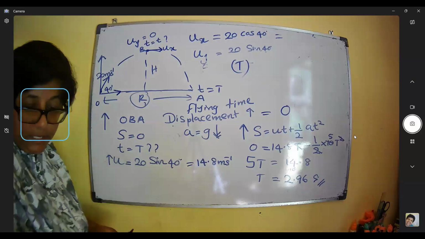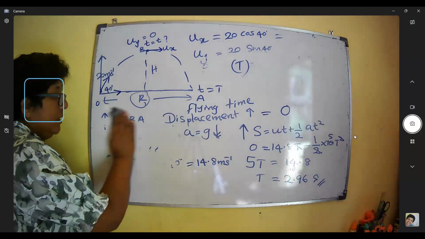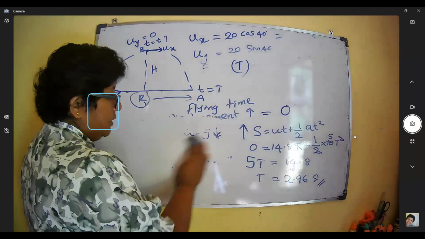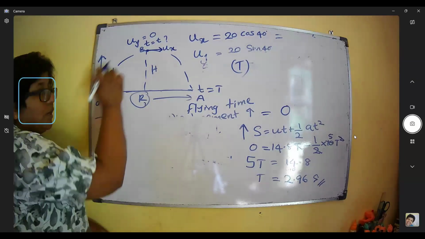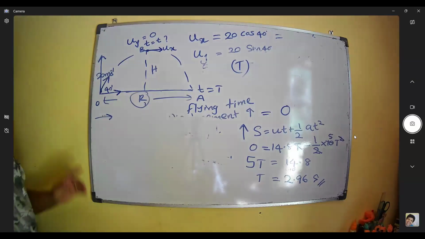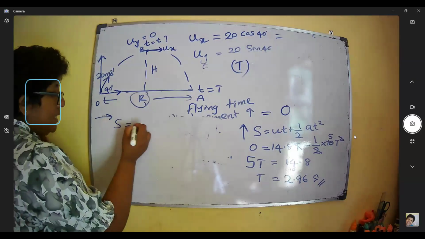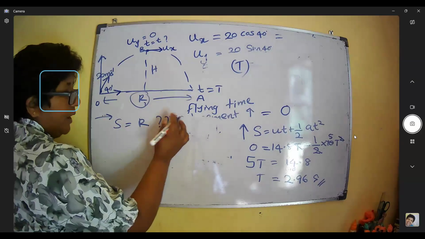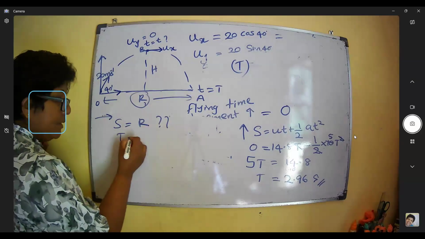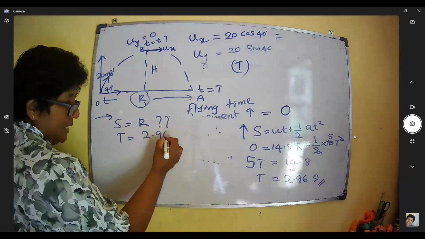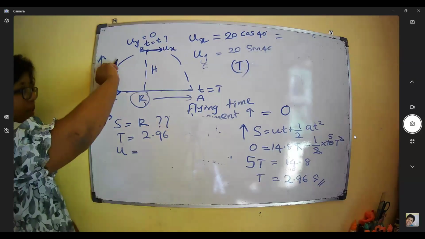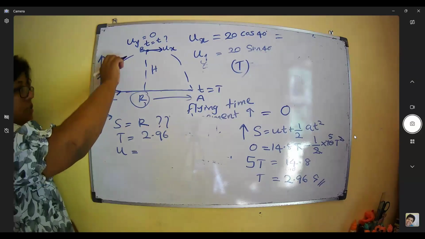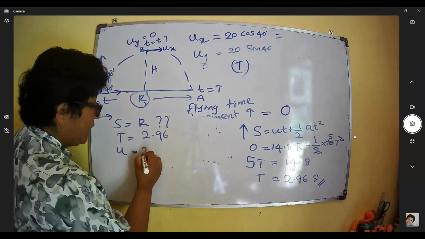So it is very easy. Now we find R in the horizontal direction. In the horizontal direction, we have to find the total displacement. What is the S? It should be equal to R. We have to find it. And flying time t is equal to 2.96, right? Then what is the U? The initial velocity in this direction is 20 cos 40.